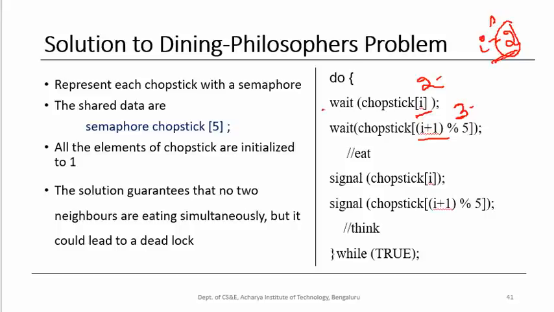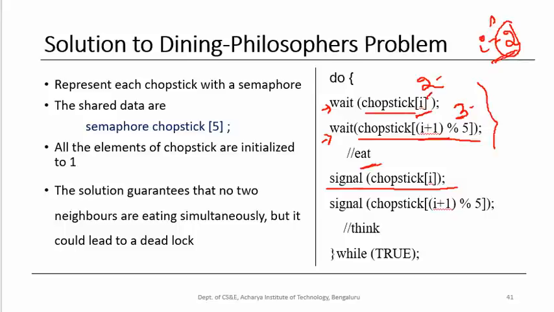So he performs wait on these 2 chopsticks. If the chopsticks are available, then chopstick of i will be equal to 1, and chopstick of (i plus 1) modulus 5 will also be equal to 1, and he gets both the chopsticks and he eats. After he finishes eating, he releases. How does he release a chopstick? By performing signal on that particular chopstick.